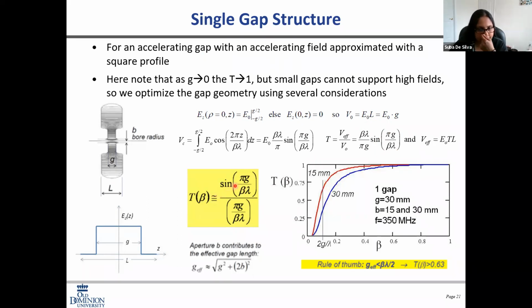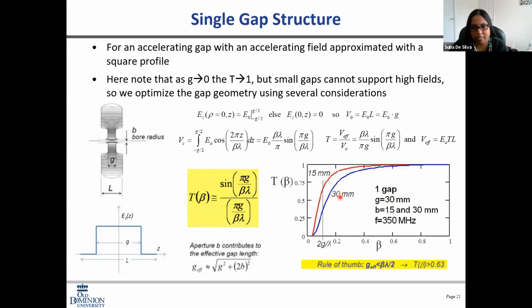So this is the formula for a single gap. It has the sine dependence as a function of the gap, and then the beta. And here the plot shows a single gap with two apertures of 15 millimeter and 30 millimeter for a 350 megahertz cavity, with a gap of 30 millimeters.